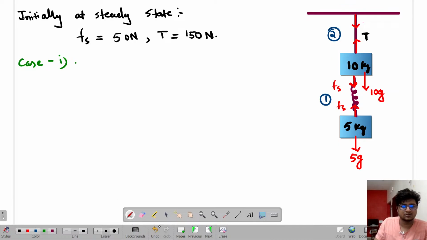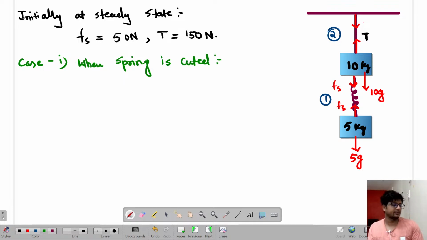So now case 1, first one means when spring is cut. When this spring is cut, what will happen?